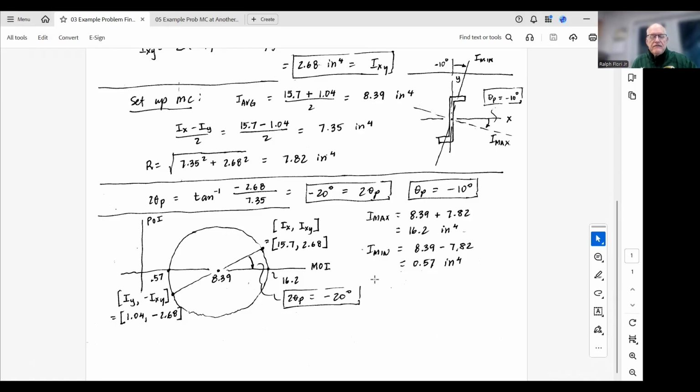Frankly, I think that's easier with the equations than it is with Mohr circle, but we'll show you how to do it on Mohr circle. You should know how to do both. But this application of Mohr circle, just finding Imax, Imin, and theta p, is pretty straightforward. It's valuable, and I think helpful.